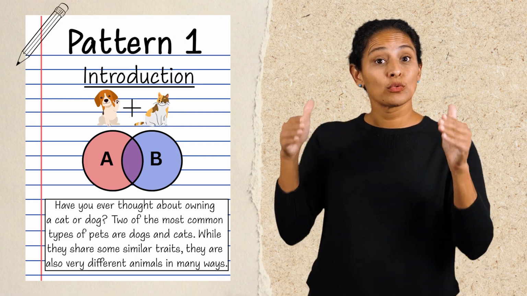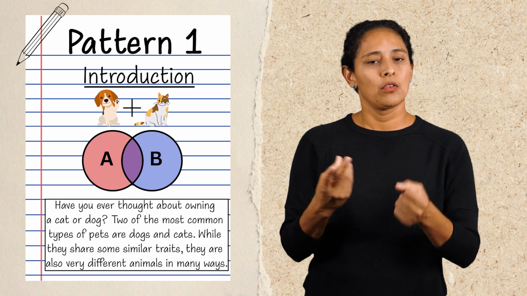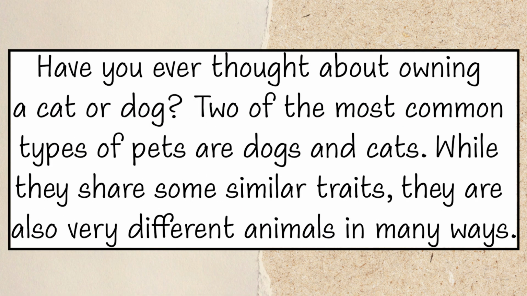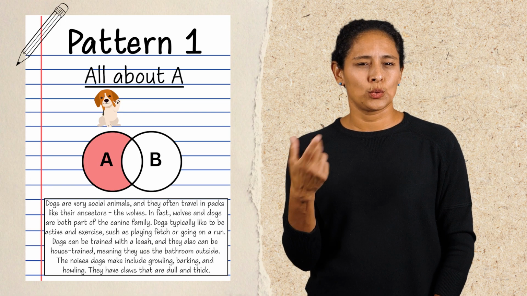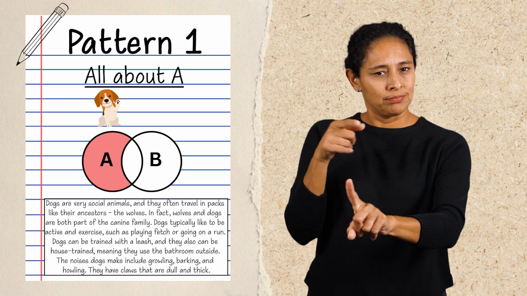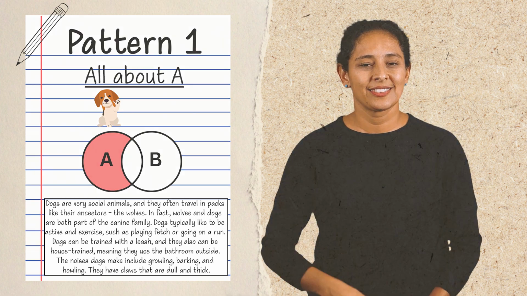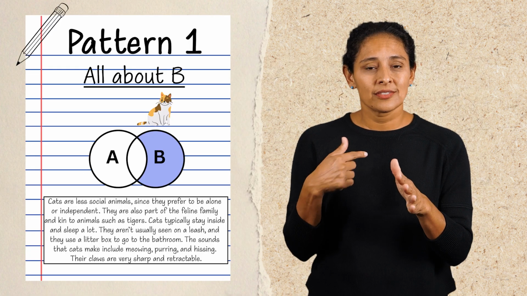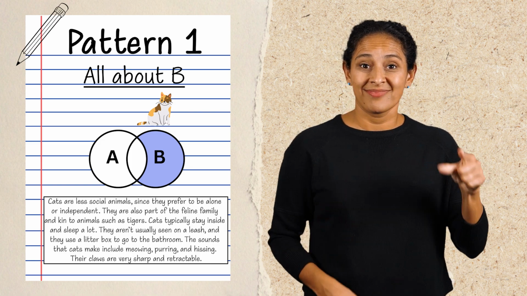You can see for my introduction, I mentioned both dogs and cats. Then I switch and describe all about dogs. After that, I describe all about cats.